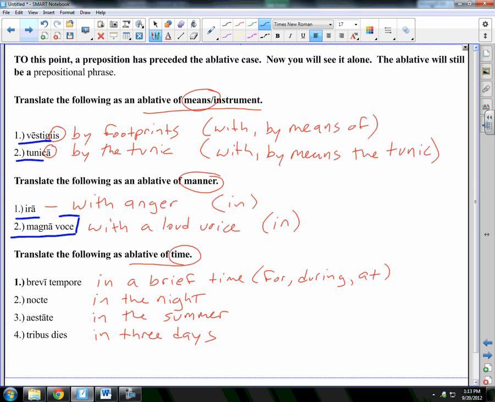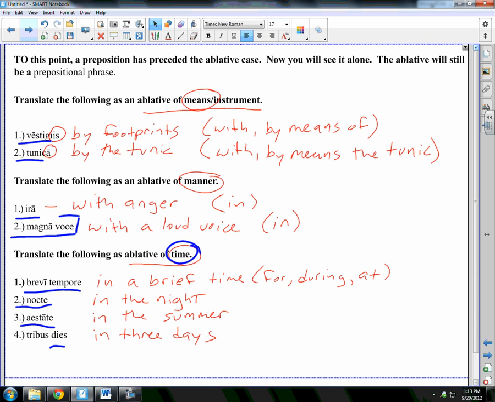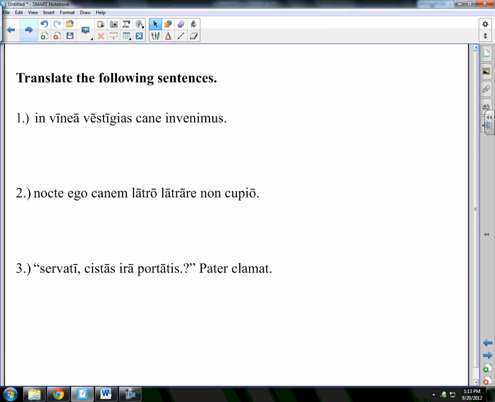Those kind of things, those nouns that you can't really touch, are going to be used as manner. Ablative of time, well, those are time words. Tempora is time. Nocte is a time. Aestate is a time. And dies is a time. Those are all time-related words, and that's how I can pick them up as ablative of time.